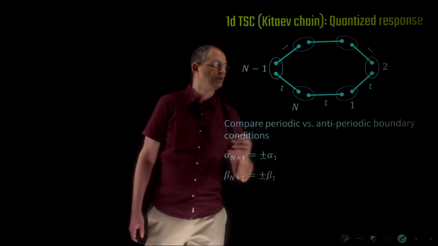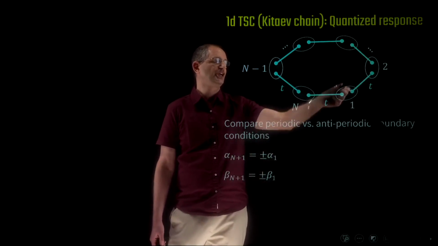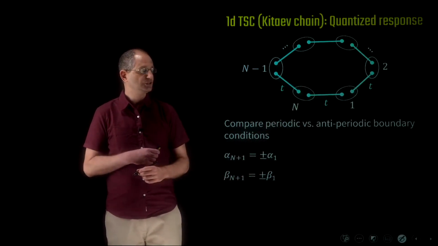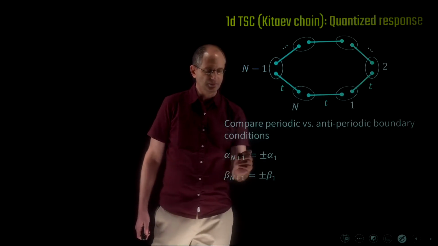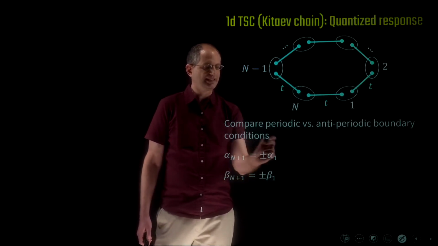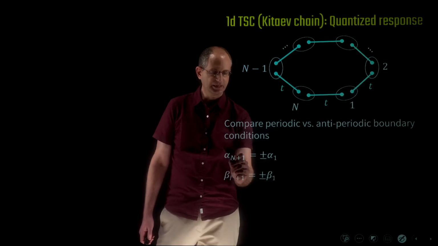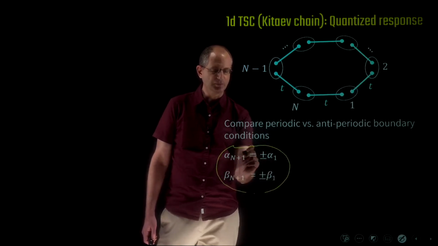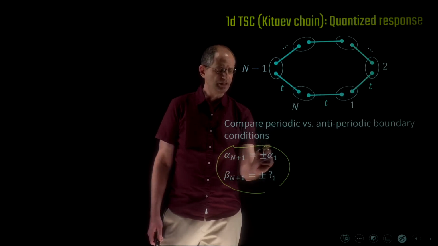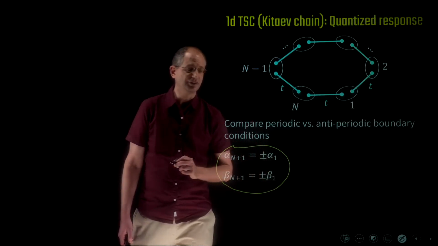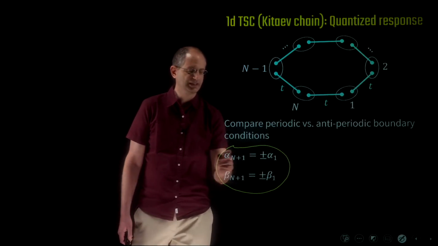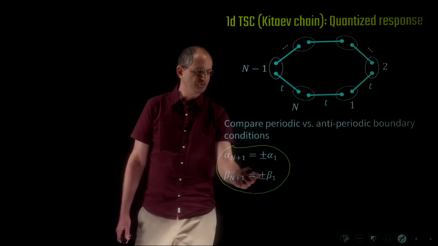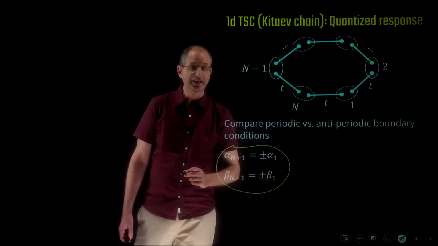Okay, so this means we can think about our chain, which is of length n, as an extended chain, but the site n plus 1 is related to the site 1 by these two relations. Okay, so the operator alpha n plus 1 has to be either plus or minus alpha 1. Okay, and this is true for any i and n plus i. And the same must be true for the operator beta.